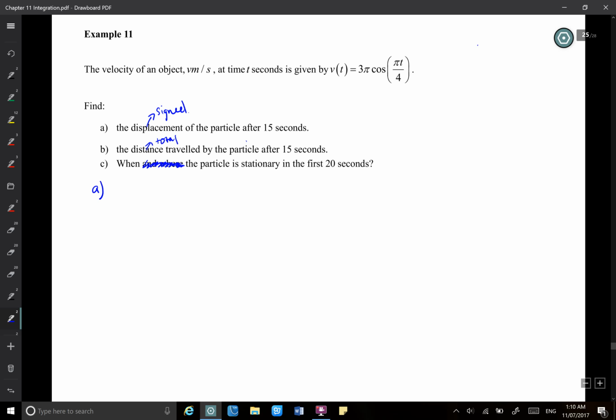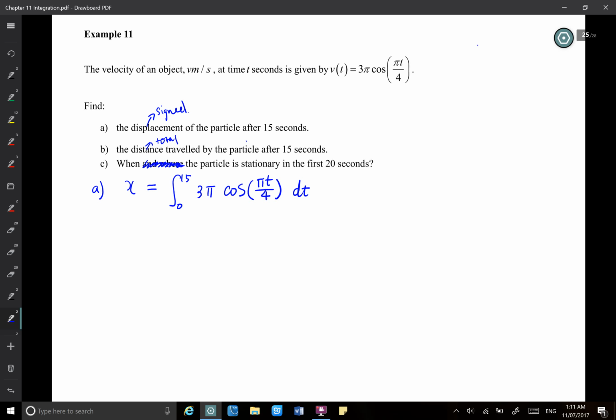So without sketching this graph, for the first one, x equals the integral from 0 to 15 of 3 pi cosine of pi t over 4 dt. That is the signed area.